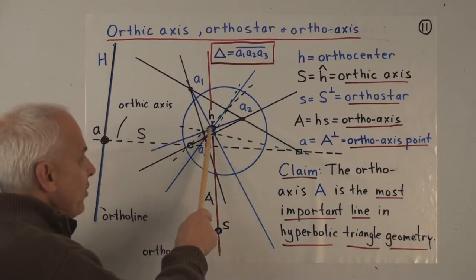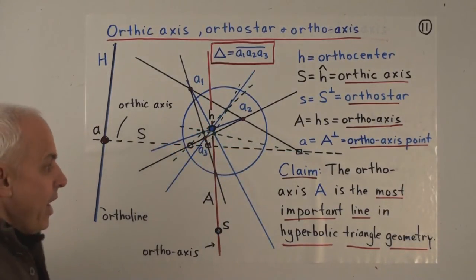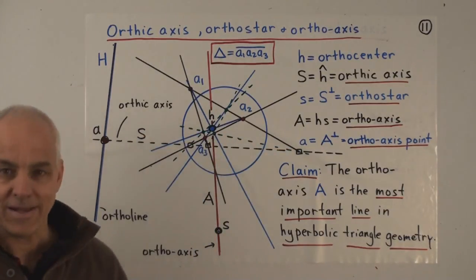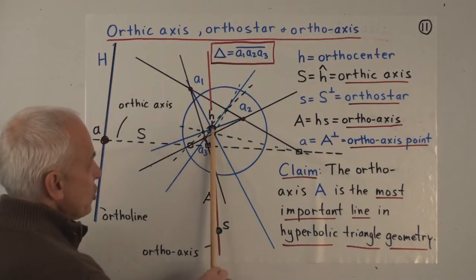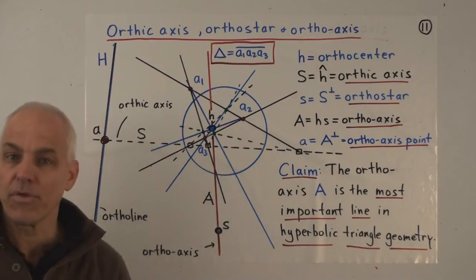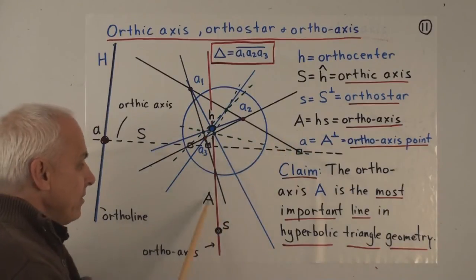So from the orthocenter to the orthic axis via the Desargues polarity, and then from the orthic axis to the orthostar via duality. And now the line joining H and S, this line here, that's going to be called the ortho-axis of the triangle. We'll denote it by A.